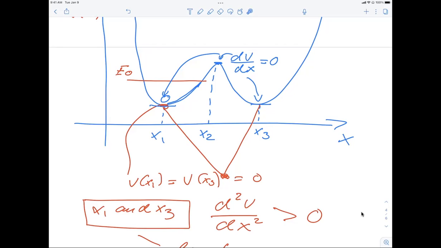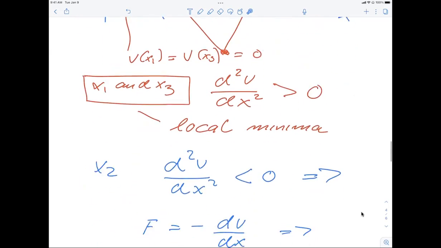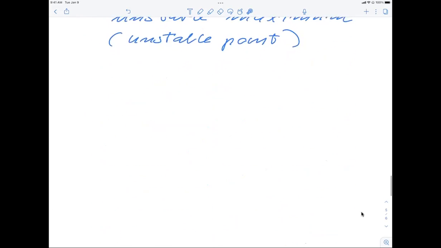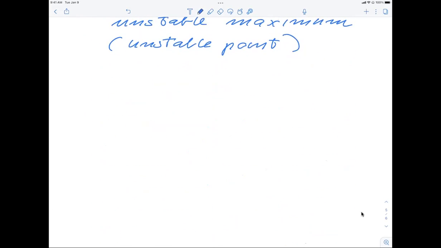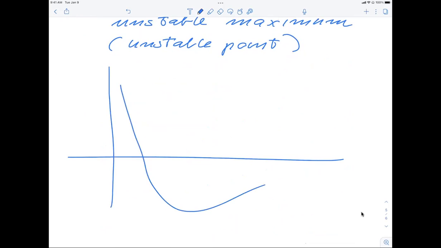So if I now give you a potential, let's look at another one. Suppose we take a plot of a potential which looks like this, and this could be the gravitational potential, as a function of x. So this is our V of x.